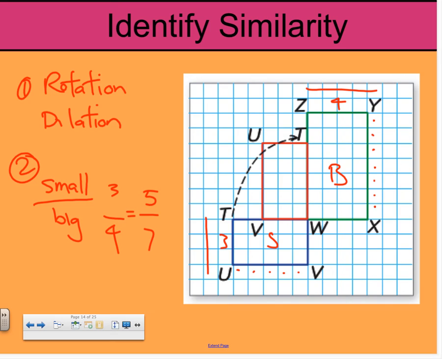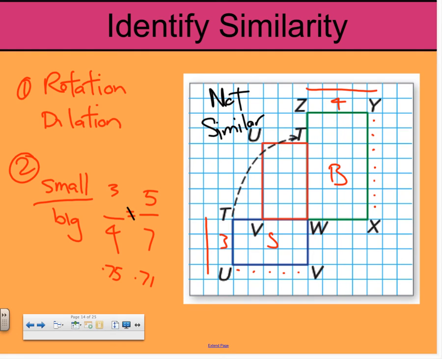Now the question is, does 3 over 4 equal 5 over 7? Can someone do that on a calculator? Well, we know 3/4 is what? 0.75. So what's 5 divided by 7? 0.71. So are these two equal? No. They are not equal. And because their sides are not proportional, then we can say that these two are not similar.